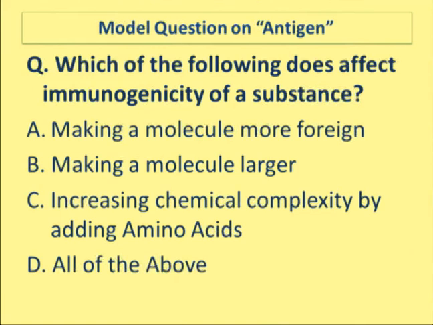Here the right option is D, all of the above, because as we increase the foreignness, or as we increase the phylogenetic distance between the recipient and the antigen, the extent of immunogenicity will increase. Likewise, the larger the molecule in size, most notably those pathogens whose size is more than 1 lakh Dalton, they are a strong immunogen.